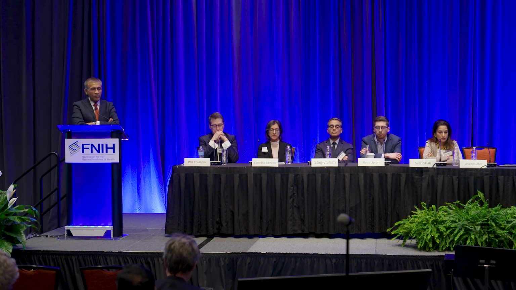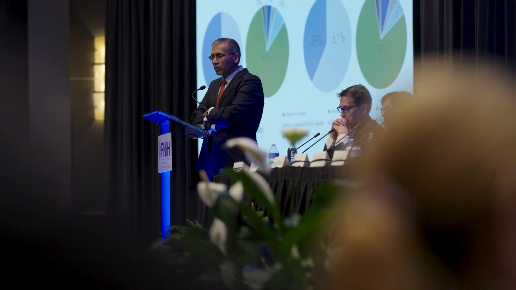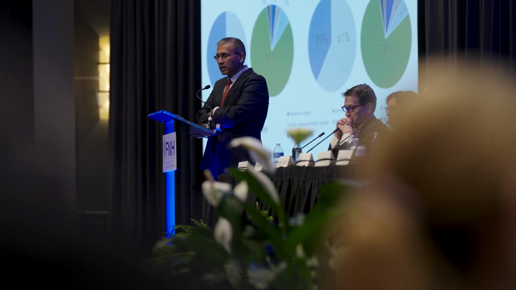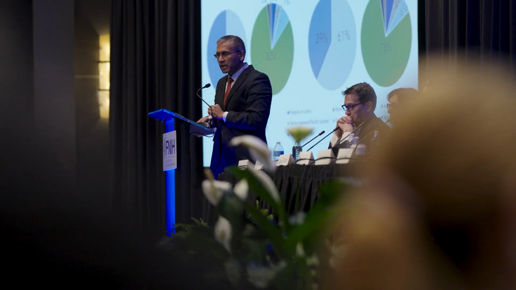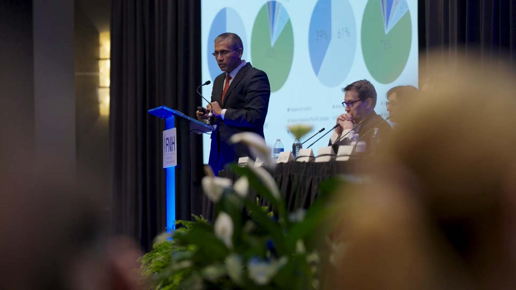In the smaller deep phenotyping cohort, there is about 61% female and 39% male participation, which is more consistent with the disease distribution in the real world. The distribution of race and ethnicity is somewhat parallel to what we are seeing in the larger registry.